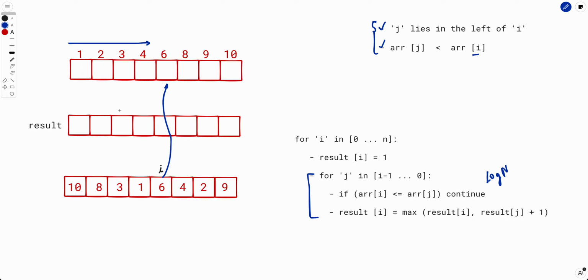Just to conclude with an example, let's say you are trying to find the longest increasing subsequence that ends at 10. You find the mapping in the sorted array, and then you say everything in the left is smaller than 10, but you only need to iterate over those elements which lie to the left of 10, and initially everything is 0. 0 means these elements are not yet visited.